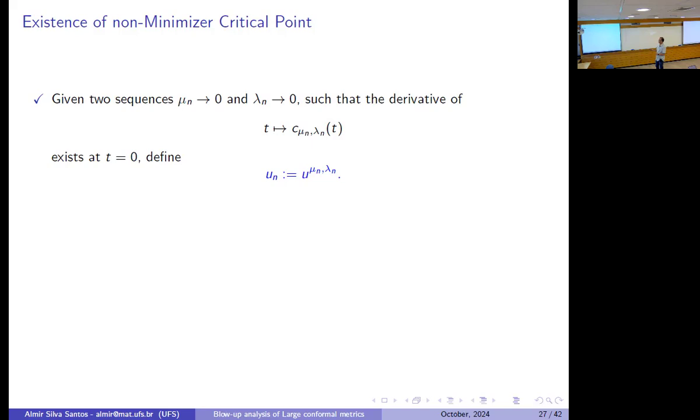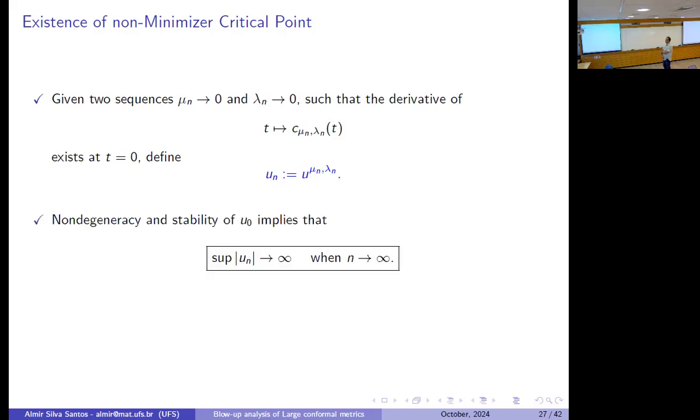Just to specify, consider u n this function, this non-local minimizer. The non-degeneracy and the stability of the global minimizer implies that this family of solutions blows up.